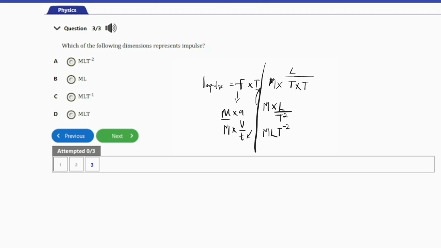So if we multiply this by this t, we're going to cancel out 1 out of the two negative signs. So this will be mlt to the power of negative 1. So that's it for this question. So you see that momentum and impulse actually have the same dimension, and that's mlt to the power of negative 1. So option C is the answer to this question, and that's it for this question, guys.